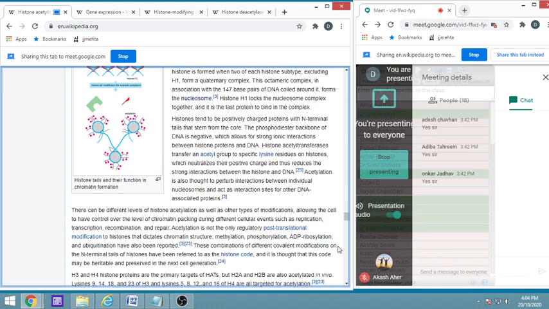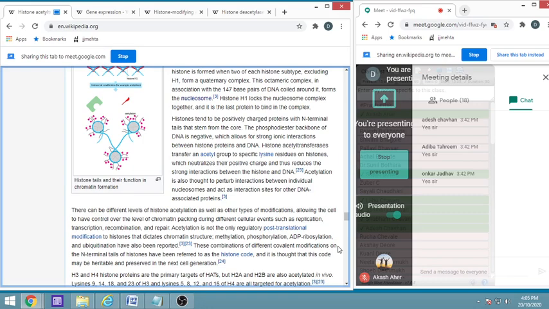Different levels of histone acetylation, as well as other types of modification, allow the cell to have control over the level of chromatin packing. If there is too much packing, it will be difficult to go for gene expression, and at every level different packing will be there during replication, transcription, recombination, and repair. These are the important processes taking place. Acetylation is not only a regulatory post-translational modification of histones, but it also helps in other activities.